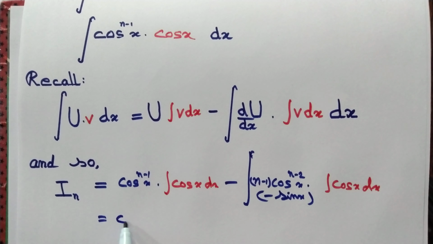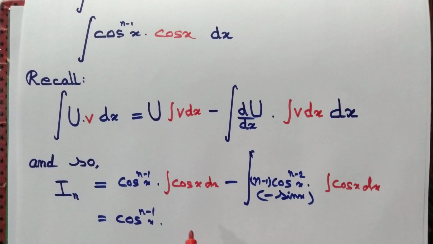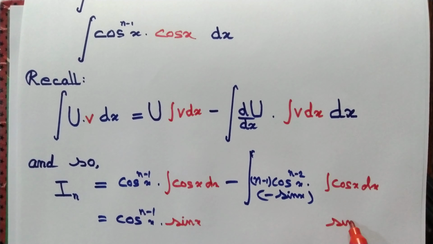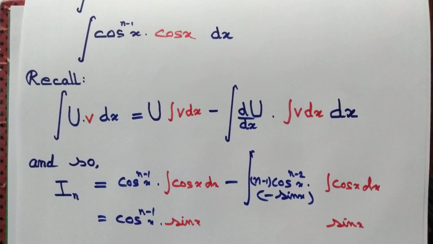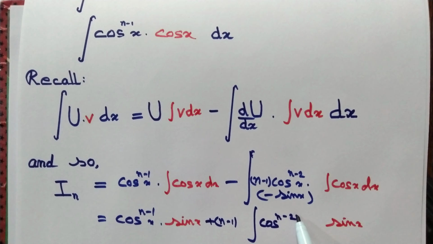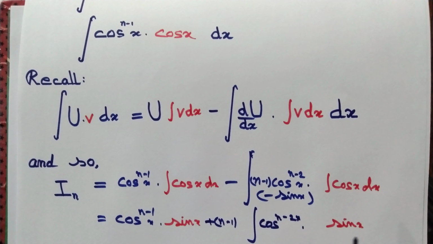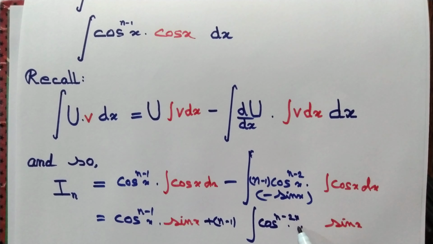So this is equal to cos to the power n minus 1 x, we copy as it is, times the integral of cos x, which is simply sin x. Minus and minus can be cancelled, so we get plus n minus 1 times the integral of cos to the power n minus 2 x times sin x. Next we can write sin x times sin x as sin square x.